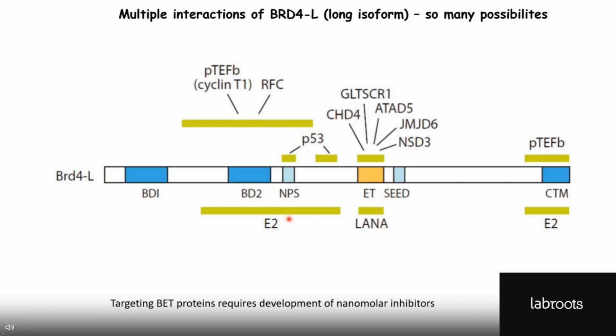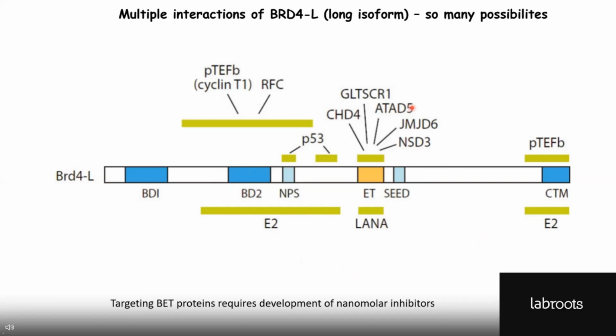And as you can see over here, there is the E2 interaction that interacts with BD2 as well, and then here you have E2 that interacts with the C-terminus of that. However, most of the inhibitors target the BD1 and BD2 domains of BET proteins.